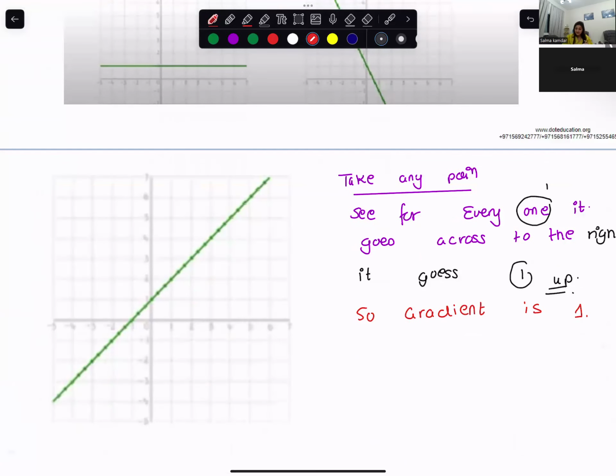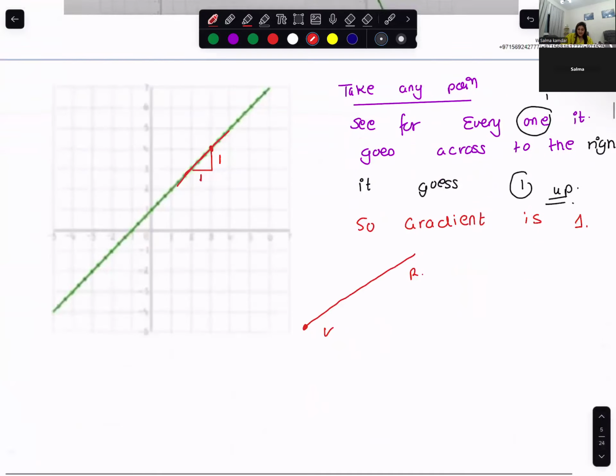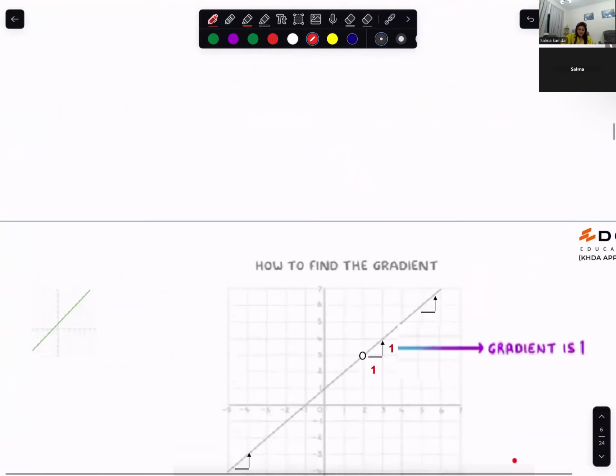You go across to the right, and then you go upwards on the line. One movement across gives you one movement upwards. Why am I saying upwards? Because the line is sloping upwards from left to right. So the gradient is 1, or I would say the gradient is positive.